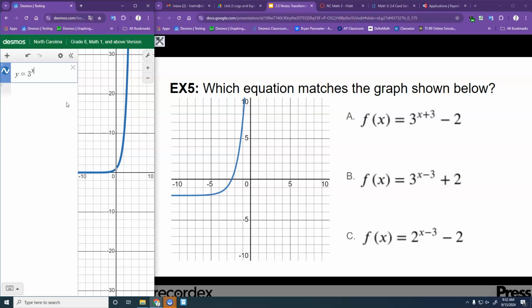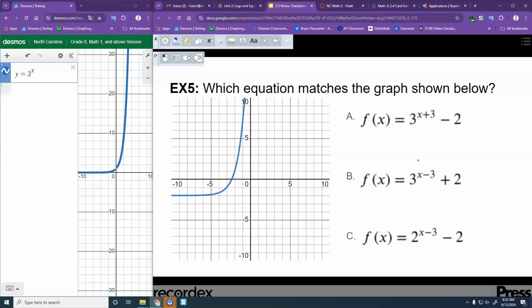All right. Anybody got it? Anybody think they know? One of these I would rule out right away. I'd rule out B right away because I know that went up. B here went up 2. And this has a horizontal asymptote at negative 2.